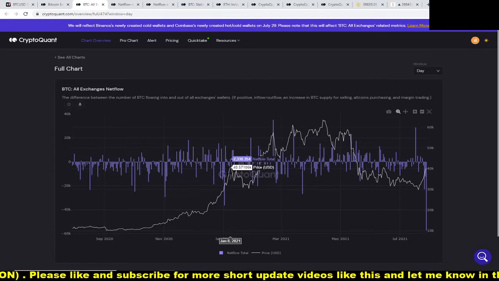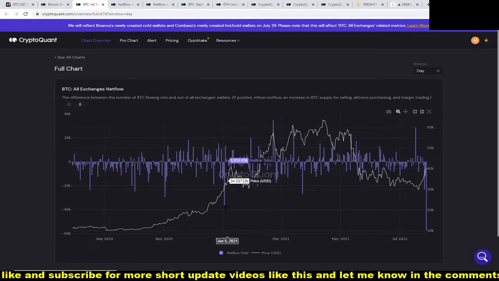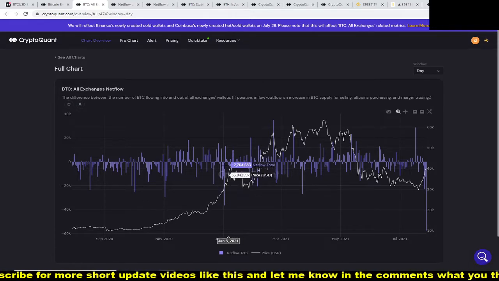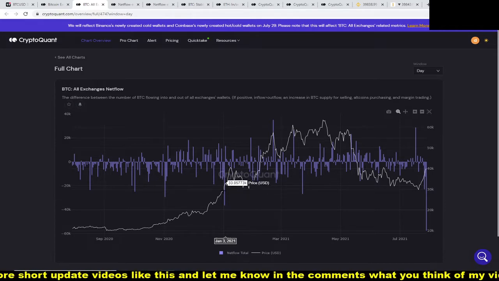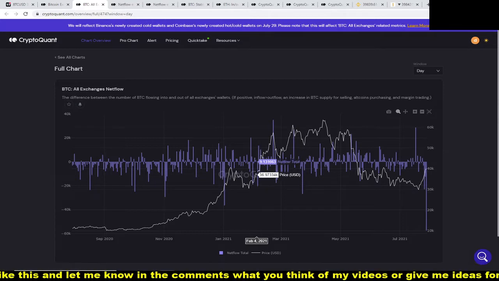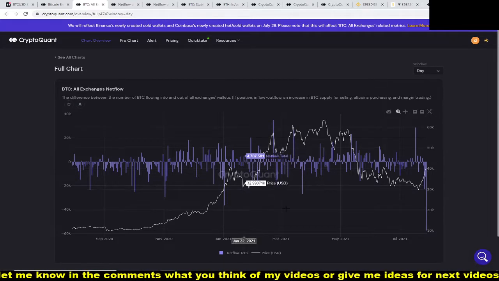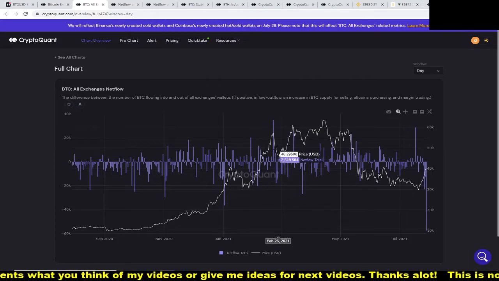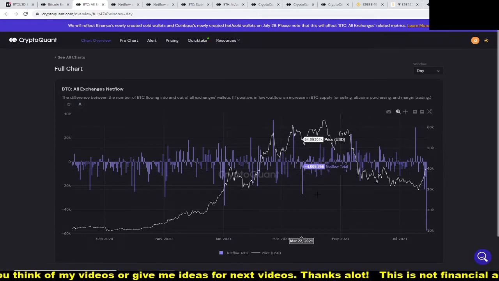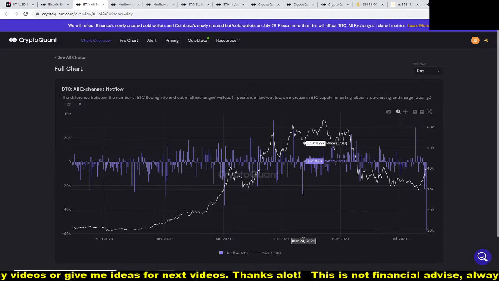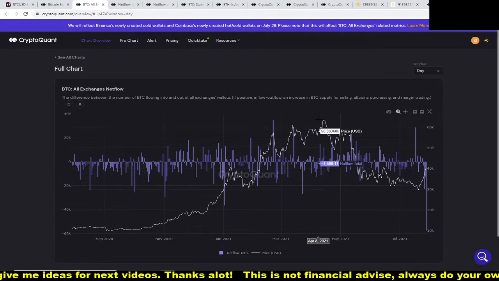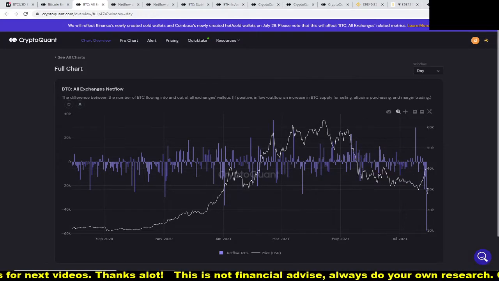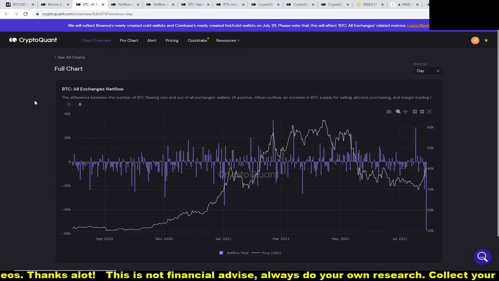You see, a spike down, a lot of Bitcoin got moved off of exchanges, and then the price started to pump. Also here, the price started to pump. Right here is just a little spike, but it gives you an idea: spike down, and then the price starts to go up. So this is one of the many features.